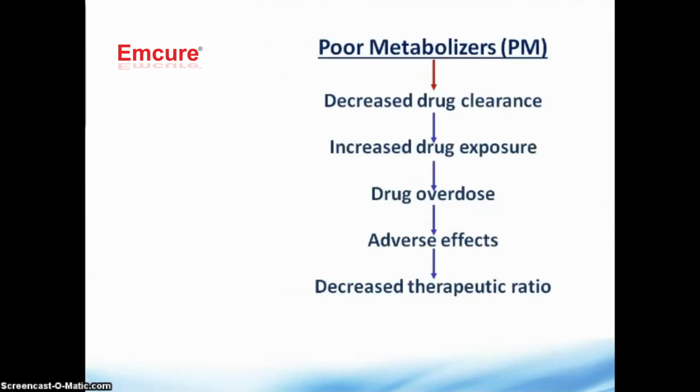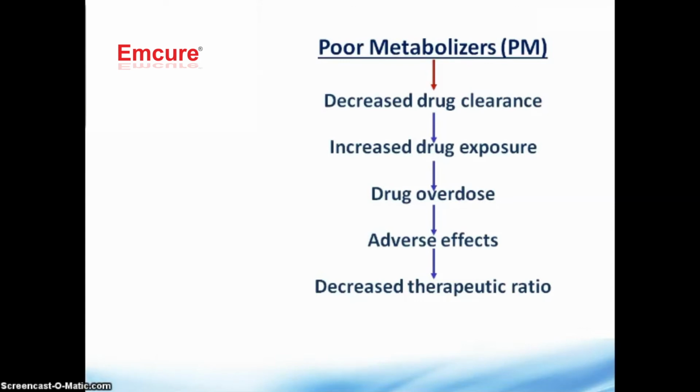Then we go on to what are the poor metabolizers and who are the extensive metabolizers. What you should try to understand is why metoprolol is not safe in poor metabolizers. If you understand that, it will be clearer.